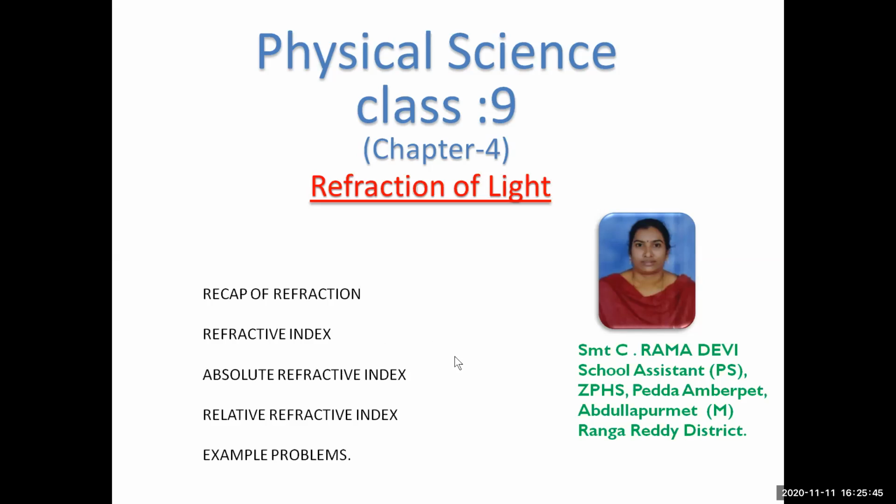There are two types of refractive indexes, that is absolute refractive index and relative refractive index. We are going to know what those are, and we are going to do some problems on these refractive indices. Okay students, right, shall we start?